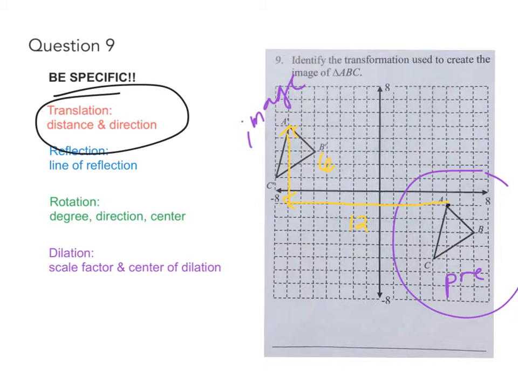So there's a couple ways you can give me your final answer here. First of all, you definitely want to say translation. And you could use the language 12 left and 6 up. I'm okay with that. But what I would prefer to see is that we write the rule. If I'm moving to the left on my x-axis, I'm really going left 12.